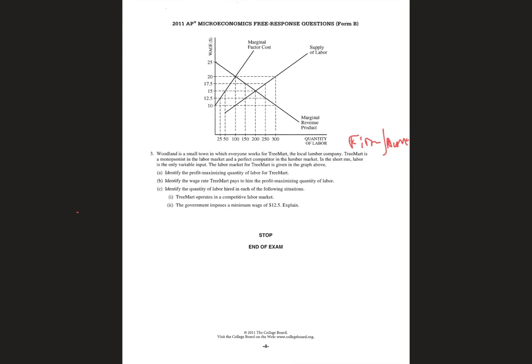So let's look at the market and the firm for this particular company. Woodland is a small town. Everybody works for this one company called Tremart, the local lumber company. Tremart is a monopsonist in the labor market, but a perfect competitor in the lumber market. Okay, it's a firm that sells lumber, but it's also hiring workers in the labor market, and it's a monopsonist.